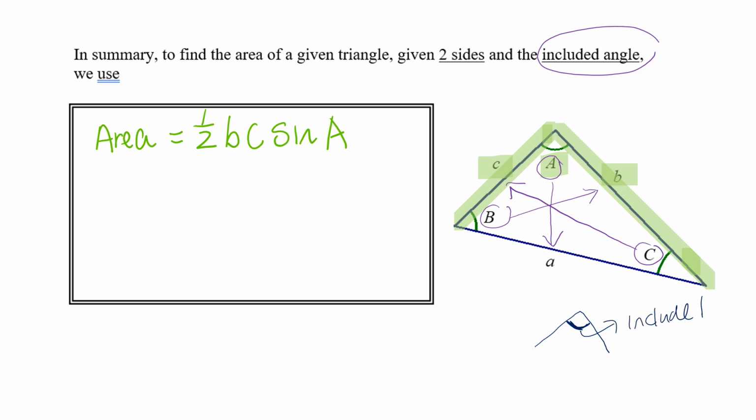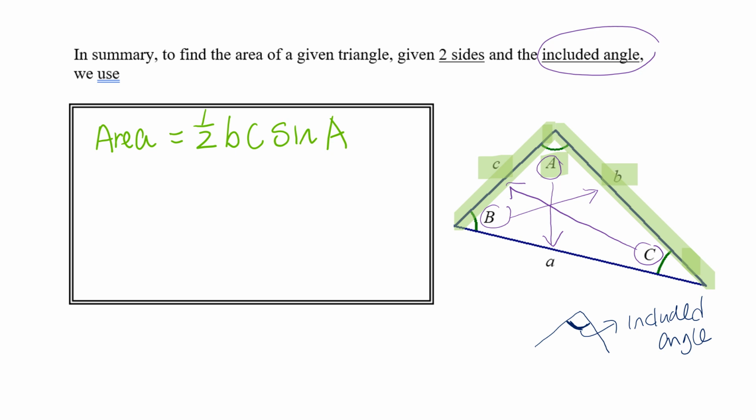This is what I mean. If you're given that, then we can just take half multiplied by the length given for side B and the length given for side C, times sine, the sine must be there, and then the angle given.